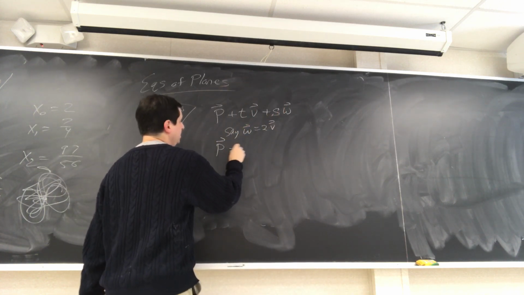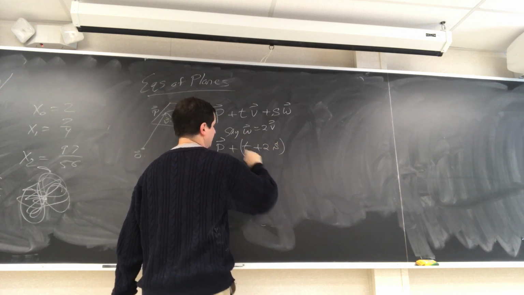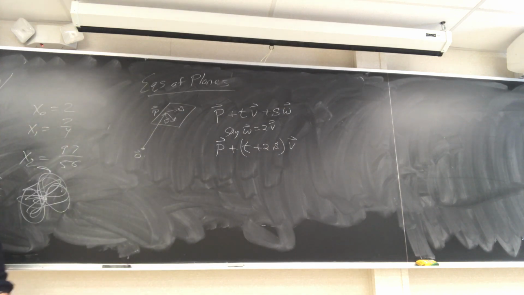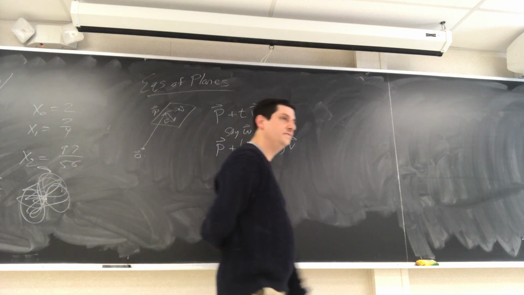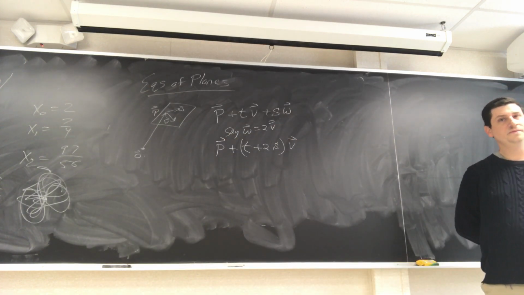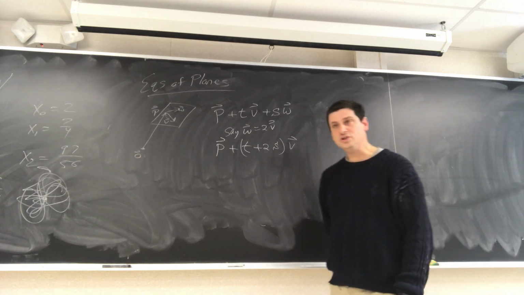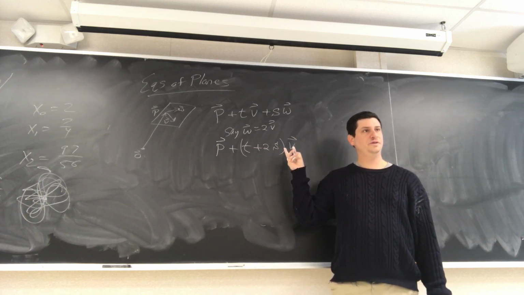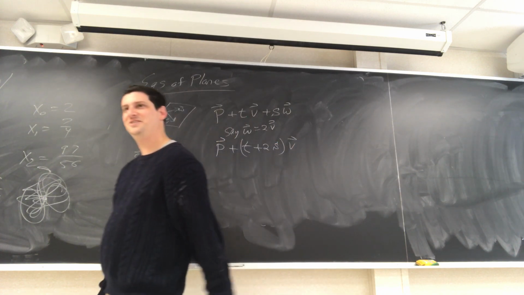We get P plus T plus 2S times V. What kind of object is that? It still looks like a plane. I have two free variables. But I claim this is not a plane. What kind of shape is this?